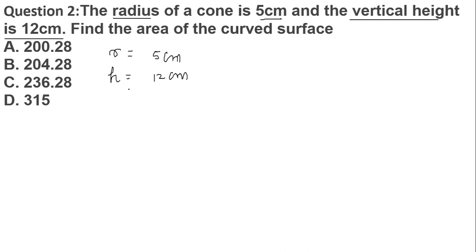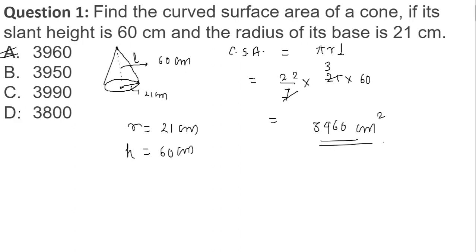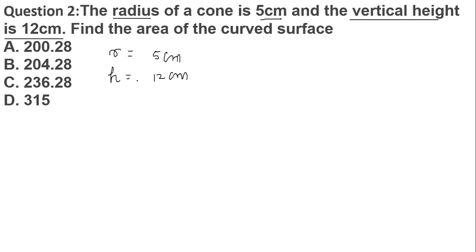First, the radius of the cone is 5 centimeter, and the vertical height they have mentioned is 12 centimeter. We know the formula for the curved surface area is pi into r into L. And what does L represent? L represents the slant height. In the previous question, the slant height was 60 centimeter. But here they have given us the vertical height, not the slant height.